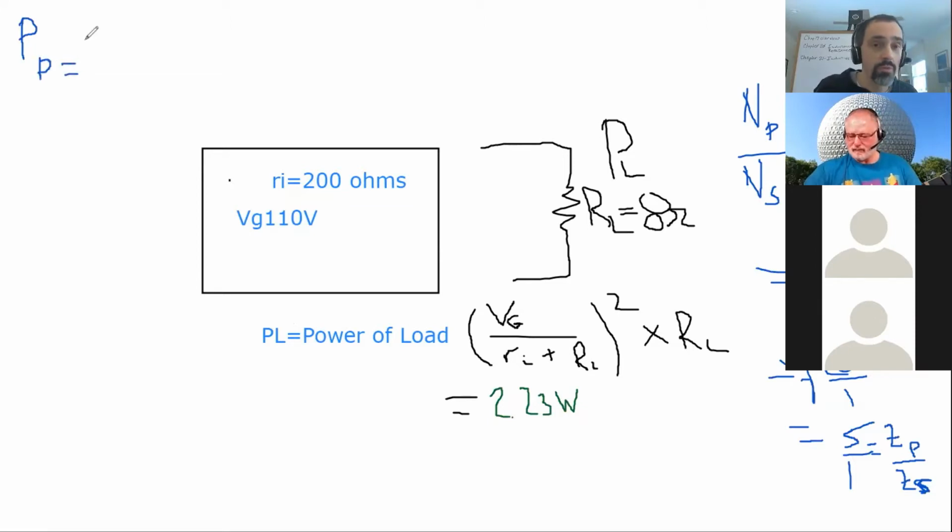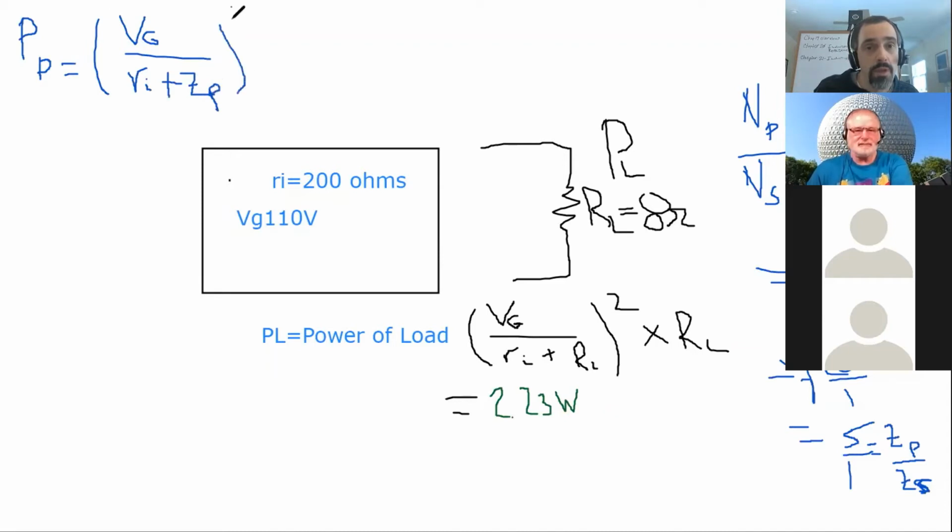Power in the primary is equal to the voltage of the generator over the resistance of the generator plus ZP, and we square it, and then we multiply it by ZP. You notice that everything here is in the primary. Everything is related to the primary.